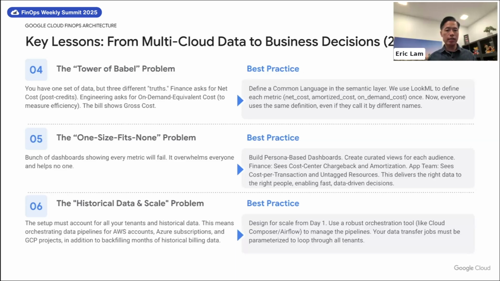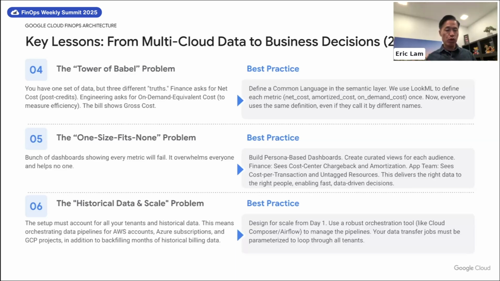And then finally, the historical data and scale issues. When you create this orchestrated data pipeline, which is the reference architecture I shared earlier, it might look oversimplified, but creating and orchestrating that pipeline across multi-cloud, whether AWS accounts, Azure subscriptions, or GCP projects, is so critical.